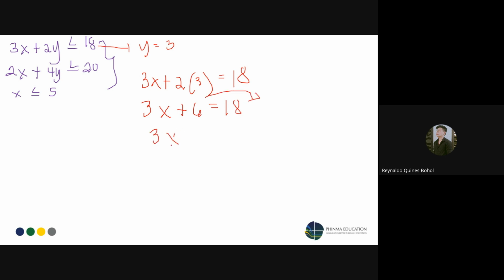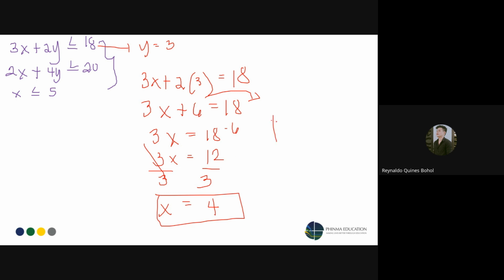So magiging 3x is equal to 18 minus 6. That is 12. Then divide natin sa 3. Then the answer will be 4. So our point of intersection, PI, sabihin yung PI, X, Y. So we have 4 and 3. So that is our point of intersection, 4 and 3.